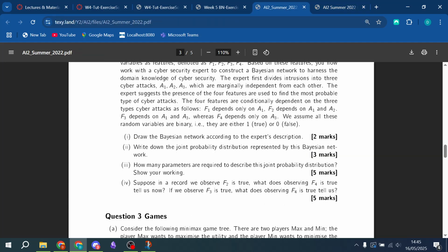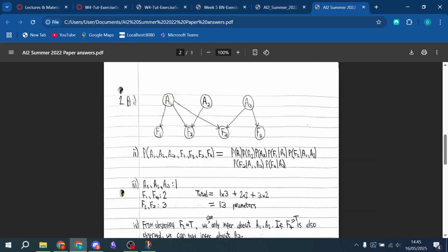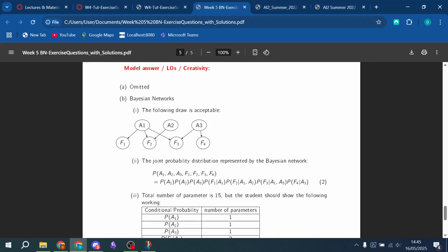And this question is just write down the joint probability distribution, which has the answer here. It's the probability of all of these happening. I don't really get what this is meant to represent, but the formula is that you take every node and multiply it by its parents. Is this wrong? Wait, there's one there. Oh no, I'm just being an idiot.